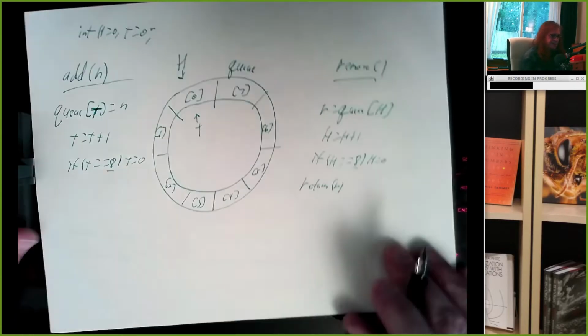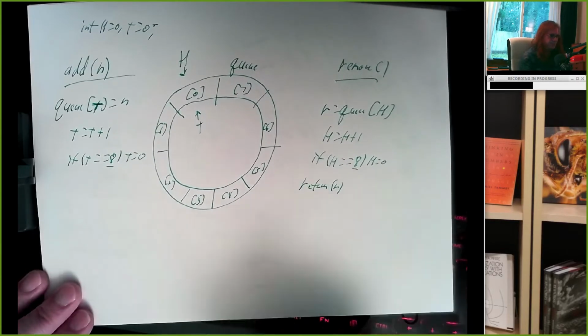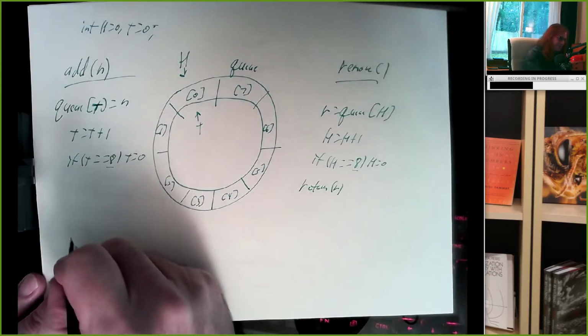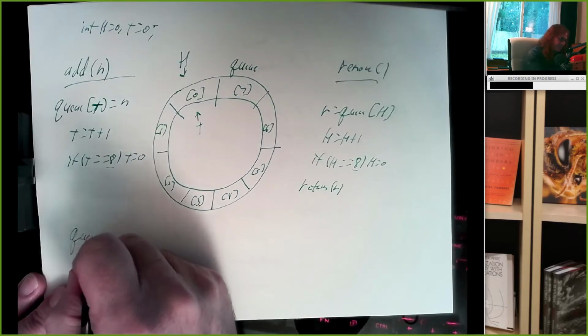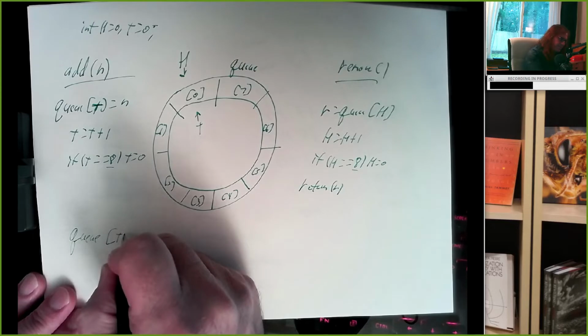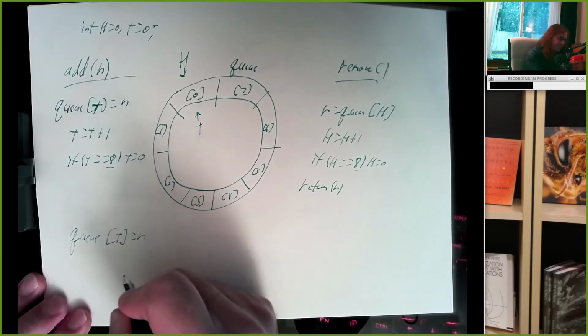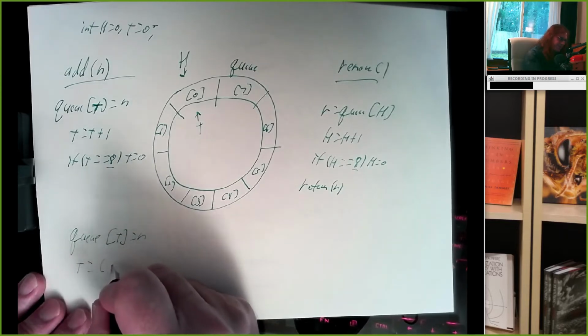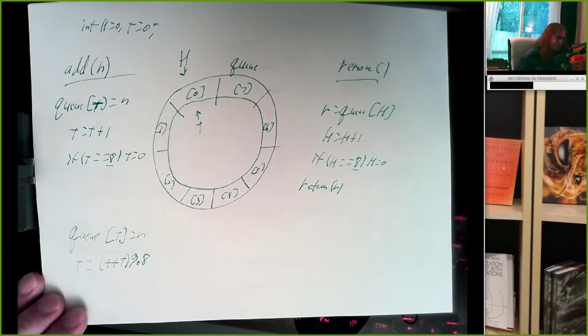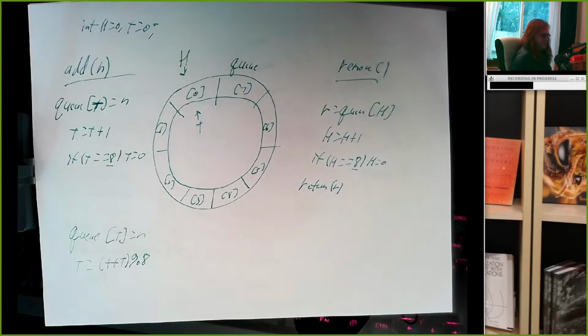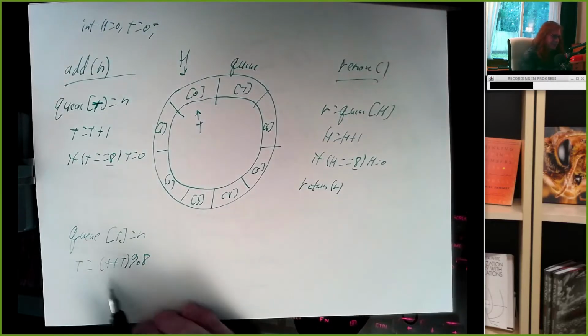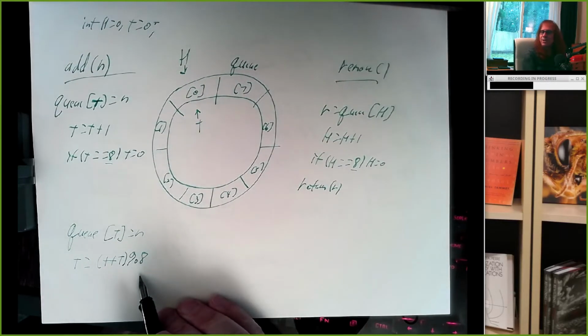And since this is C, we can do this more succinctly. We could simply do something like Q[tail] = n, and then tail = ++tail, and we can use our modulo operator to say, increment our tail and then find the remainder when you divide by 8.